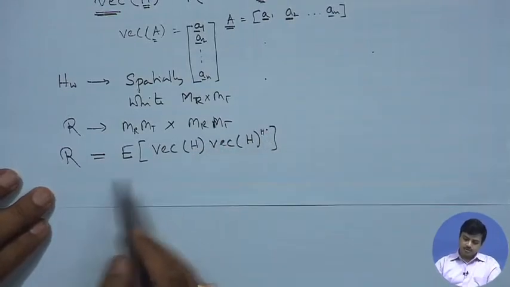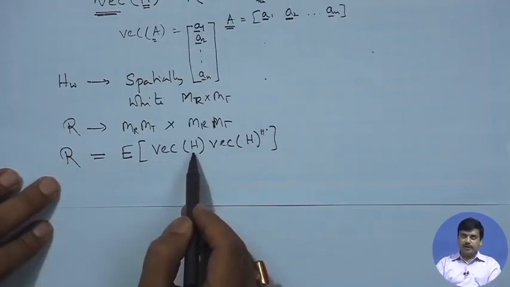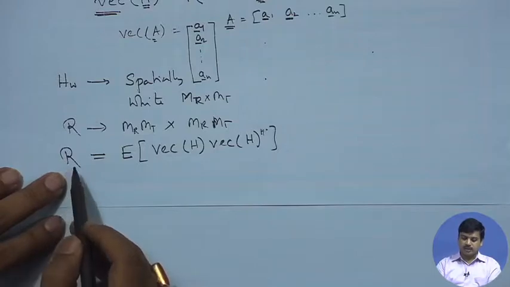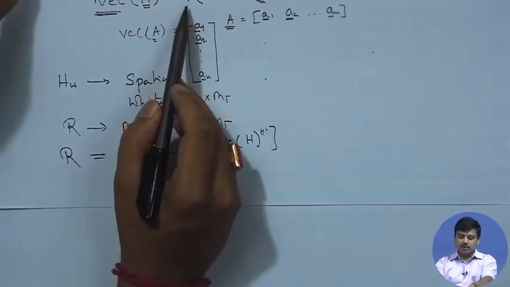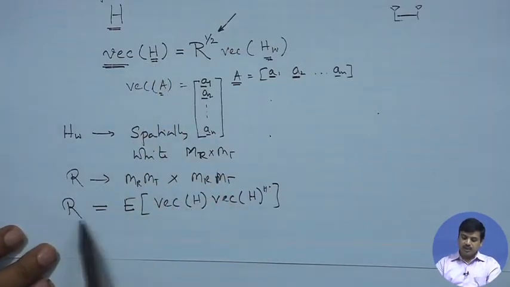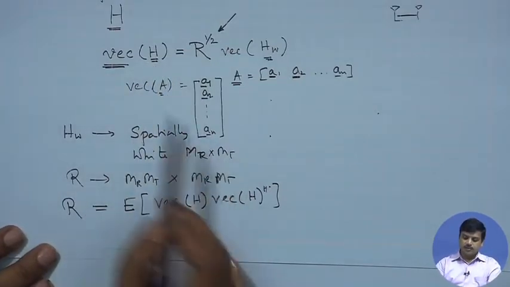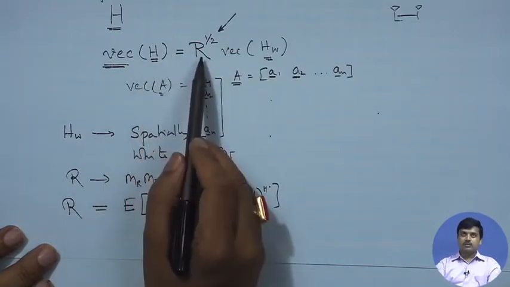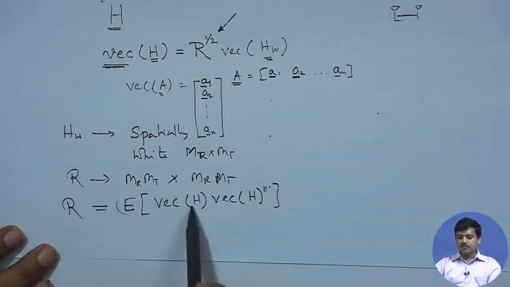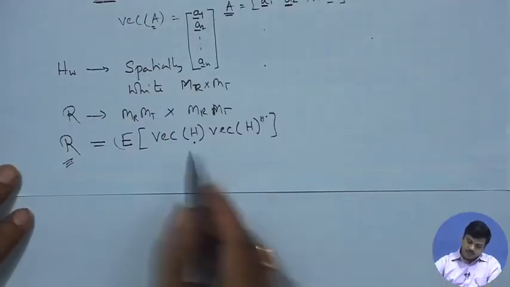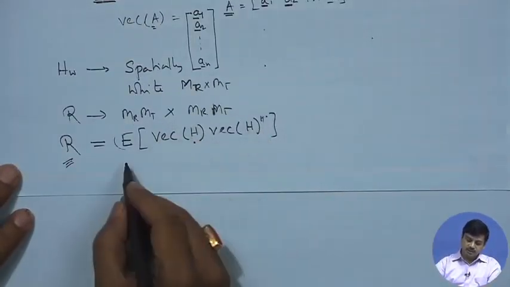So, basically if you have H, from H you could get R. This is another way of stating it. If I have R, then I could get H. If I have H, then I can get R. So, this is either way of going from H_w to H, or from H to R. The expectation means over several realizations of H you could get the covariance matrix, and this being a Hermitian matrix, you can clearly see this is Hermitian.